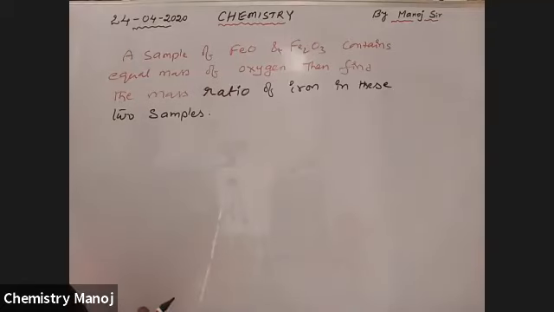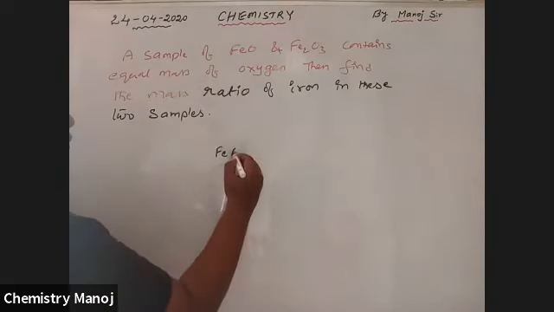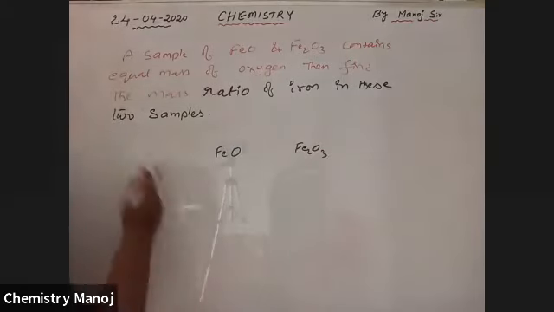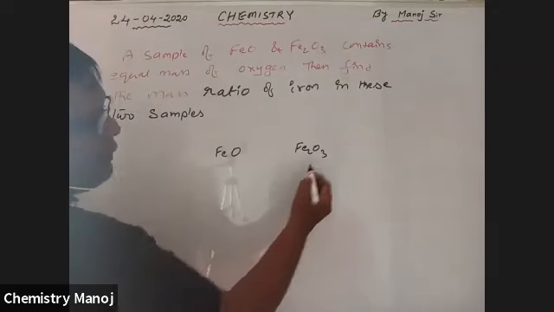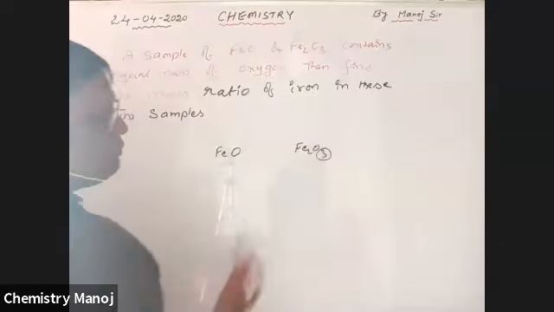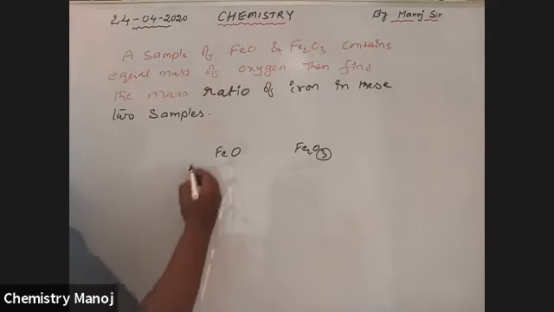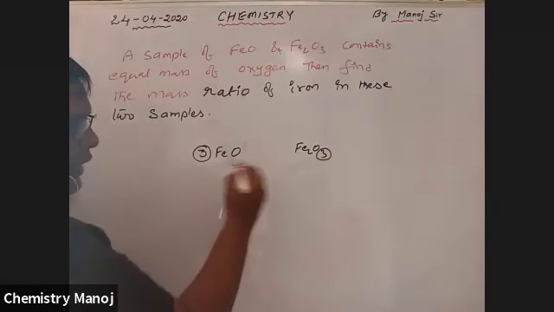A sample of FeO and Fe2O3 contains equal mass of oxygen. So that means here 3 oxygen atoms are there. Now I am going to equalize those oxygen atoms. That's why here I multiply by 3 to equalize the oxygen.